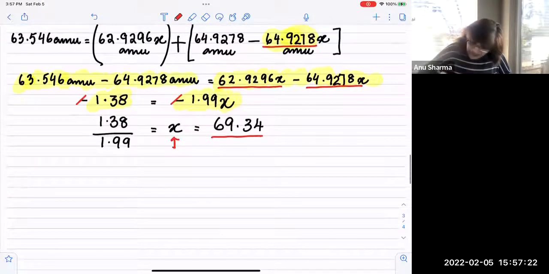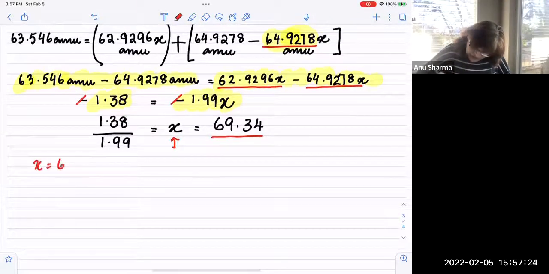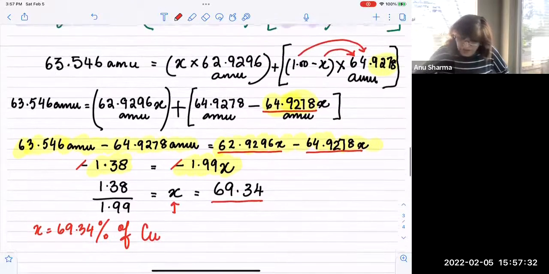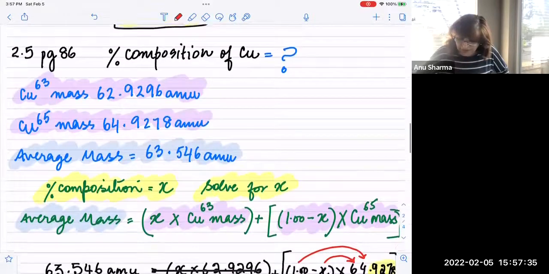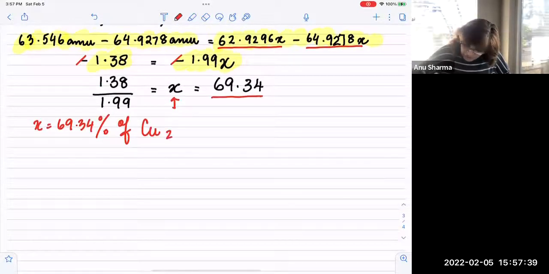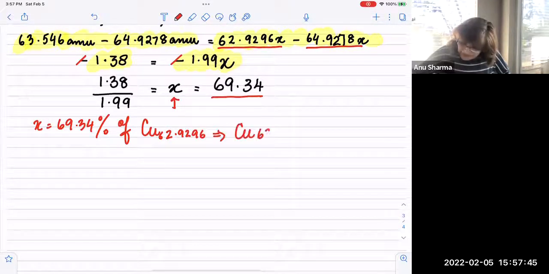So remember that X is 69.34. This is the percentage of copper with a mass of 62.9296, which is actually written as copper-63.